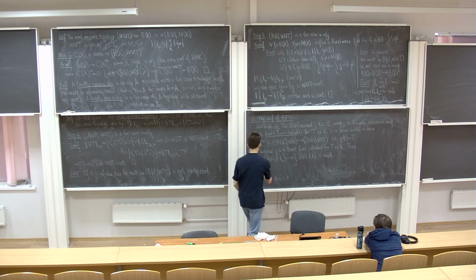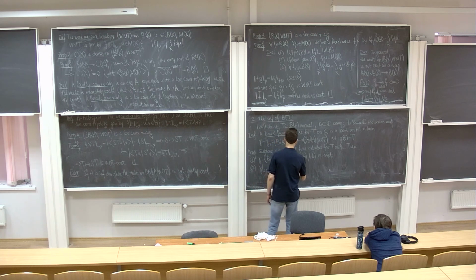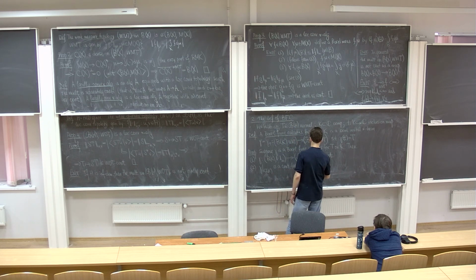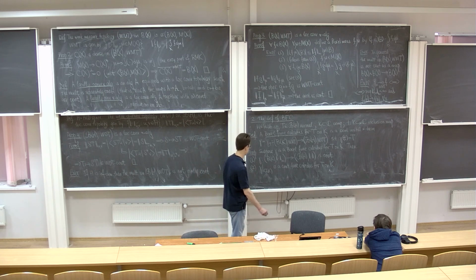Second, if we restrict gamma to the algebra of continuous functions, then this restriction will be a continuous functional calculus for T on K. Well, this is immediate from the definition of the continuous functional calculus.